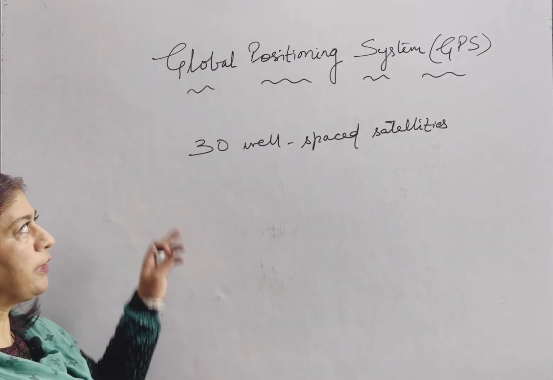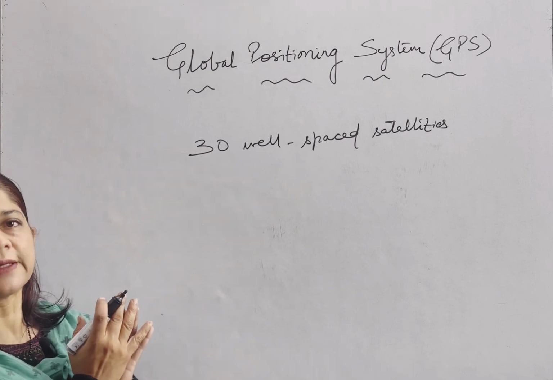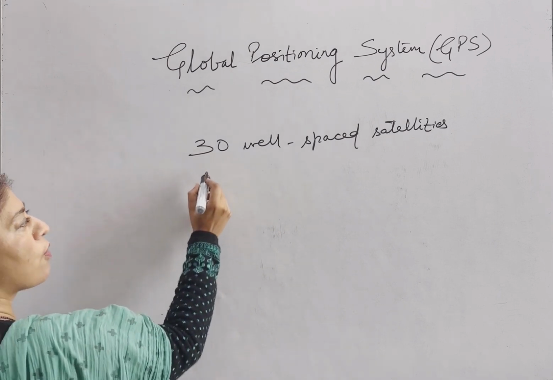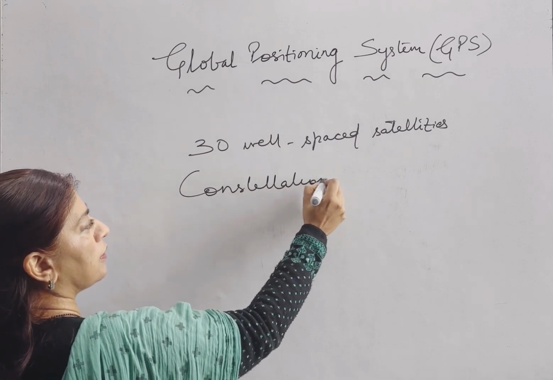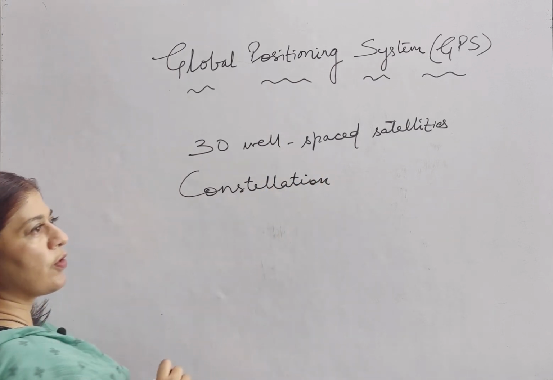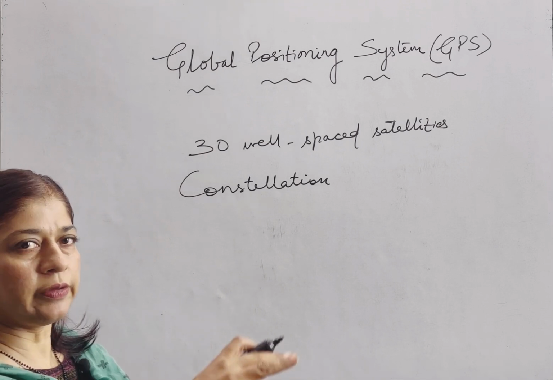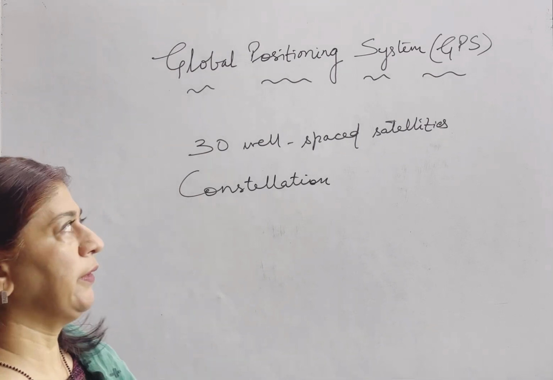Now these 30 well spaced satellites, they form a constellation. Constellation can be thought of a ring around the earth.